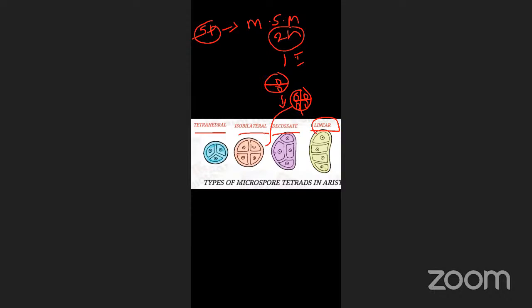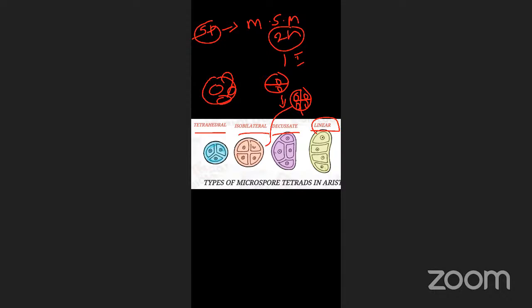This type of arrangement is called tetrahedral arrangement. If you see the backside, we can observe it. That is the tetrahedral type, which commonly occurs in about 90% of angiosperms.